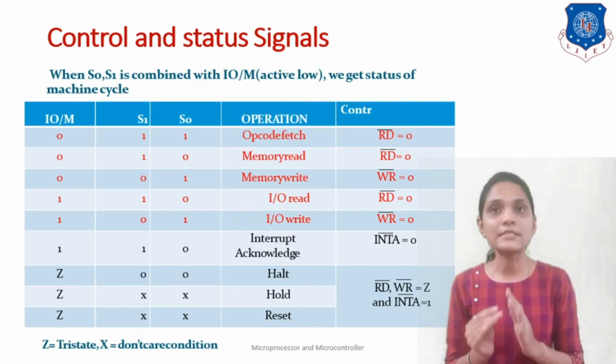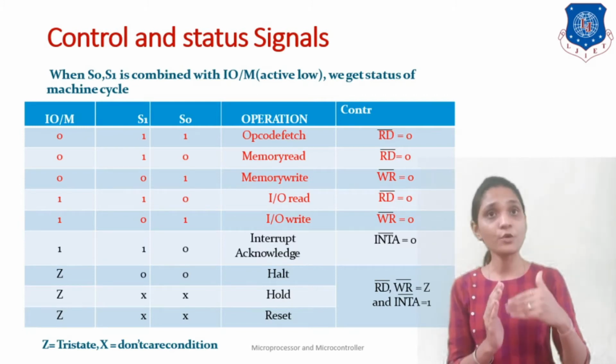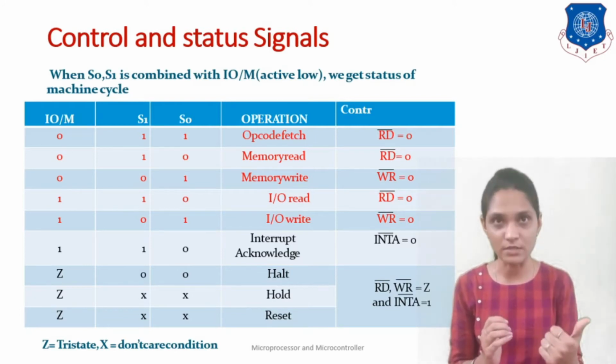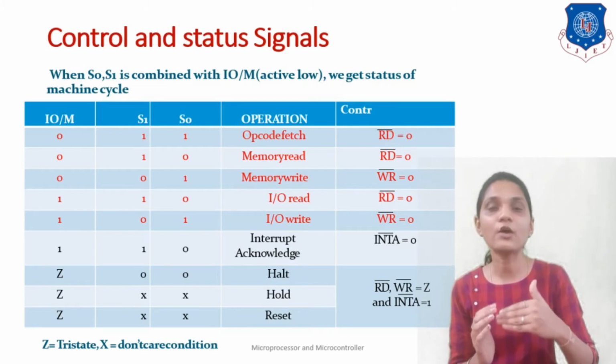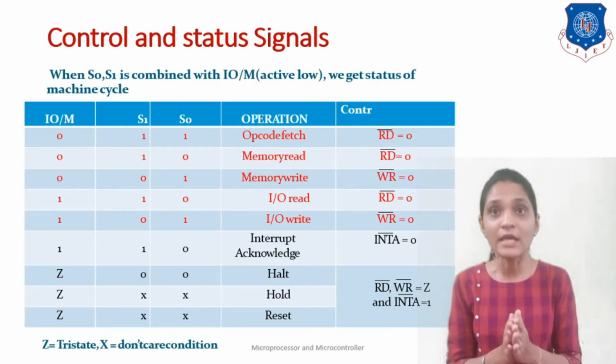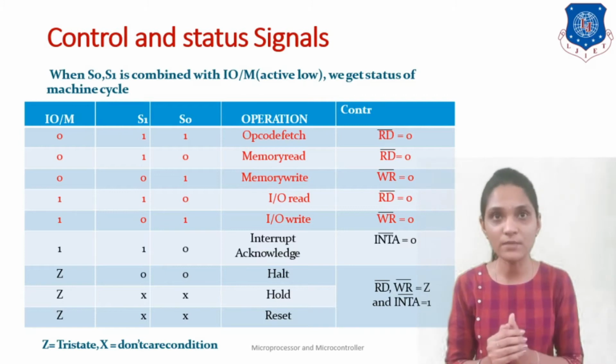So you can see here that for different tasks, for memory read I will require IO, M bar to be 0 and RD bar to be 0. For memory write I will require IO, M bar to be 0 and WR bar to be 0. Similarly, for IO read I will require IO, M bar to be 1 and RD bar to be 0.